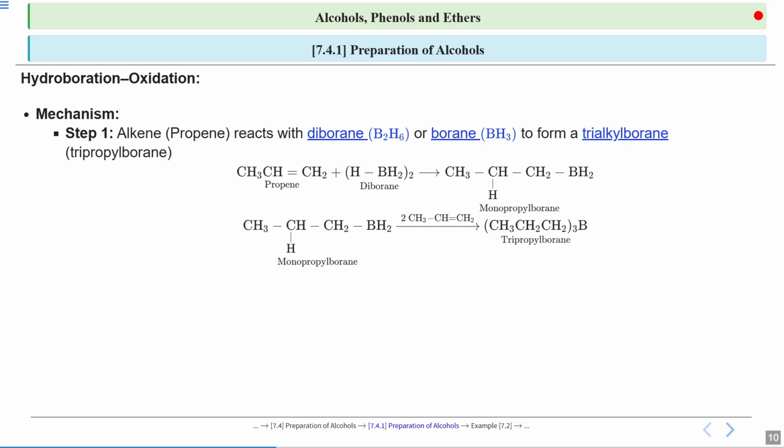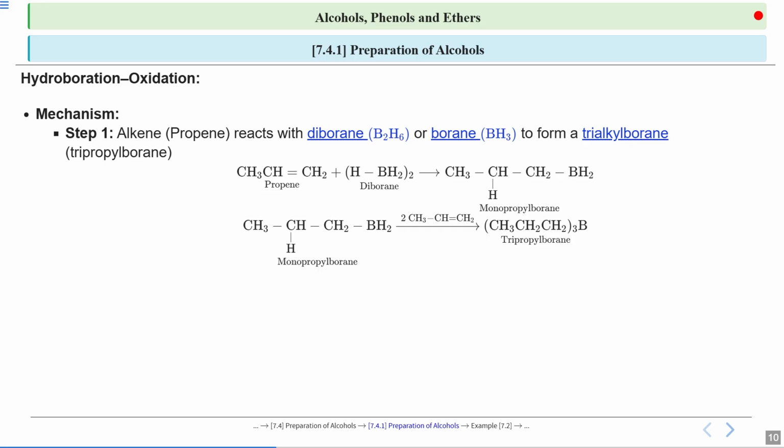Now we still have BH2 in our monopropyl borane, that means B is still attached with two hydrogens. Now these two hydrogens will be removed and are going to attach to the other two molecules of propene. That's why we need two molecules of propene here to react with monopropyl borane.